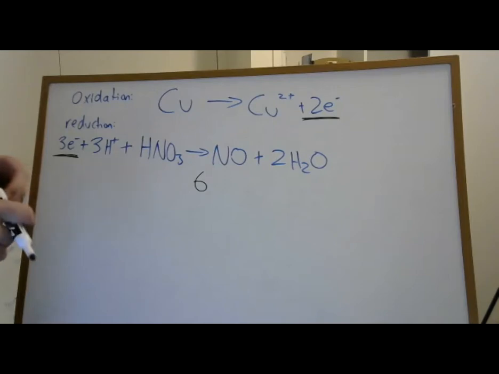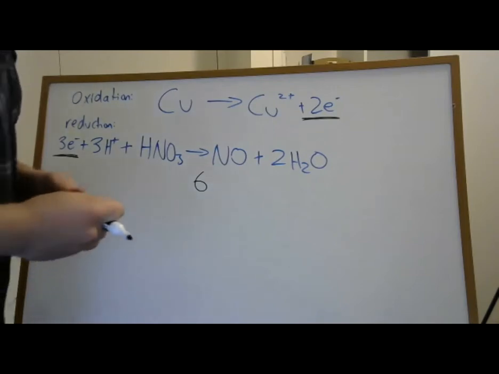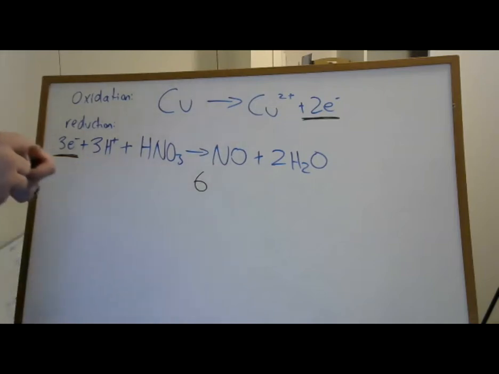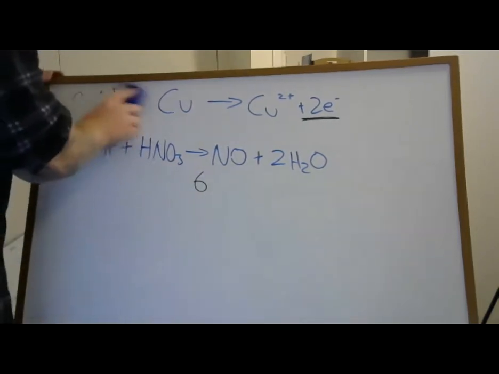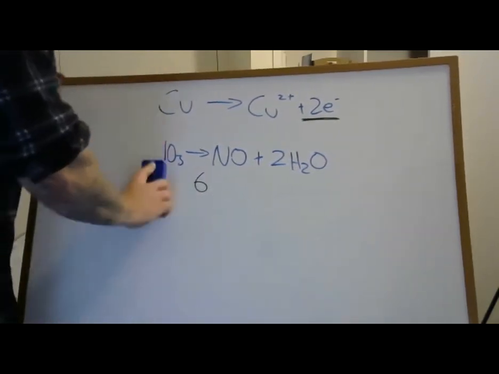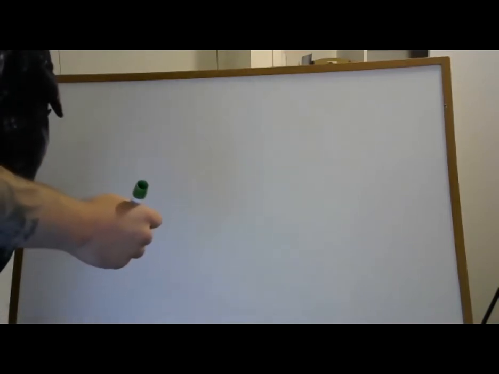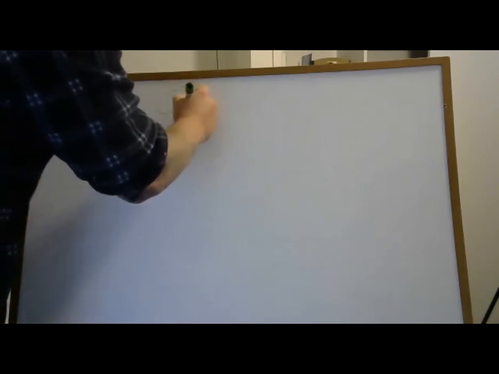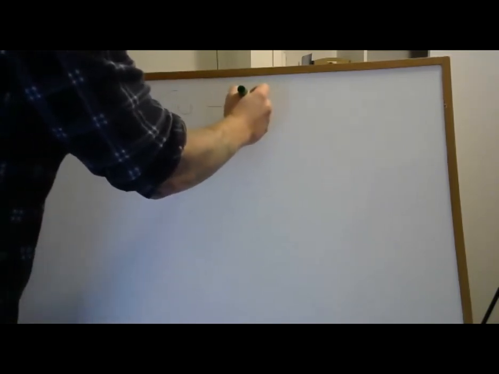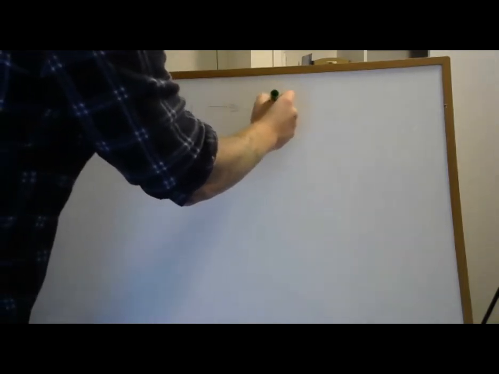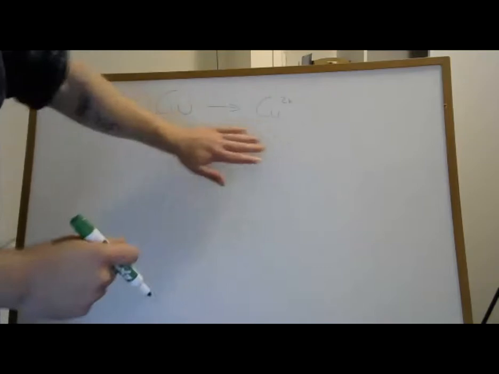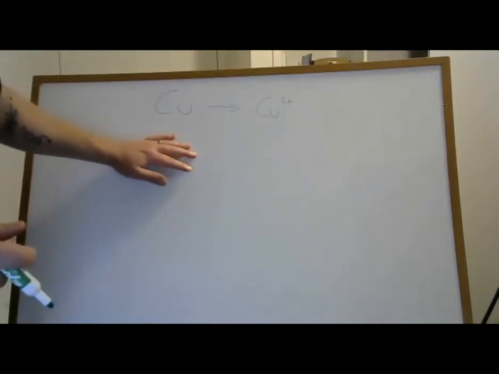So this is where it can get a little bit tricky and confusing. So we would then have copper, and we need to make this 6 electrons being transferred.